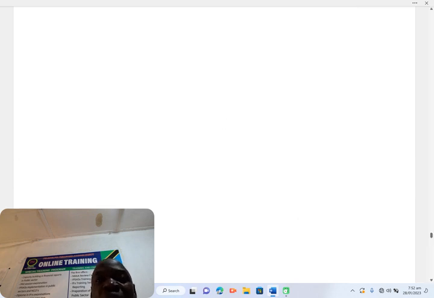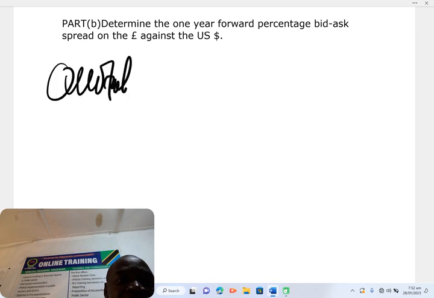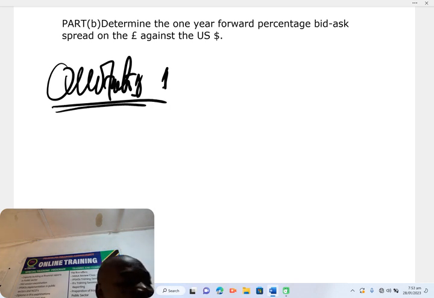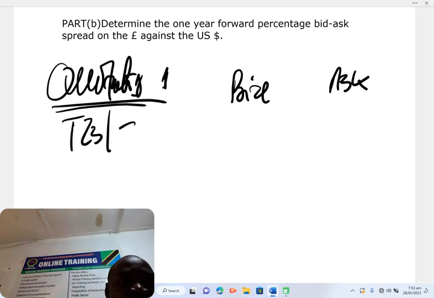Let us show you somewhere a cross rate. So we need pound against dollar, isn't it? So let us see cross rate first. Quotation 1. We need the pound against, so we must start with Tanzanian shillings against dollar, which is existing, isn't it? So we need to write here bid and ask. So you write TZS stroke dollar.